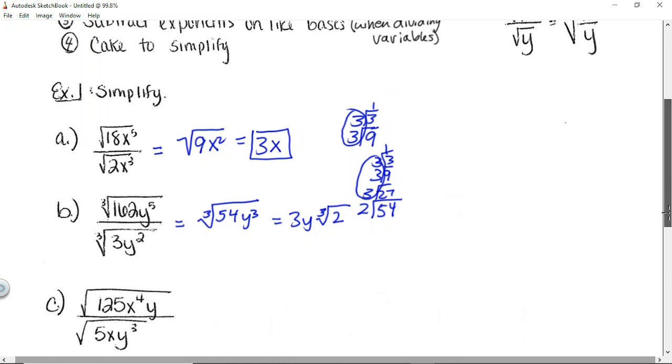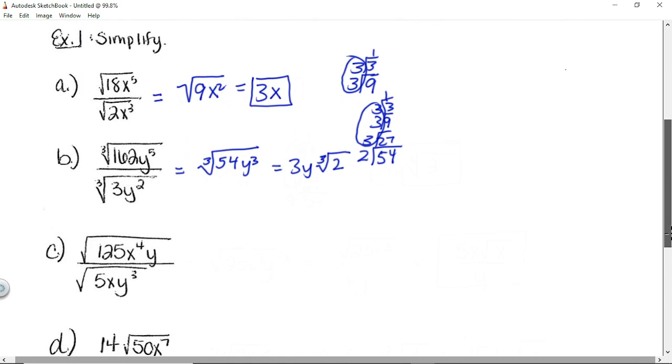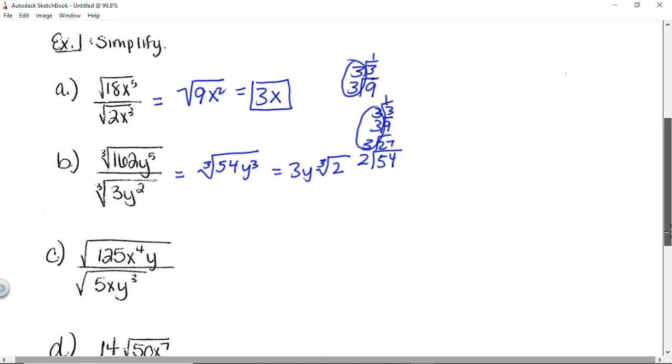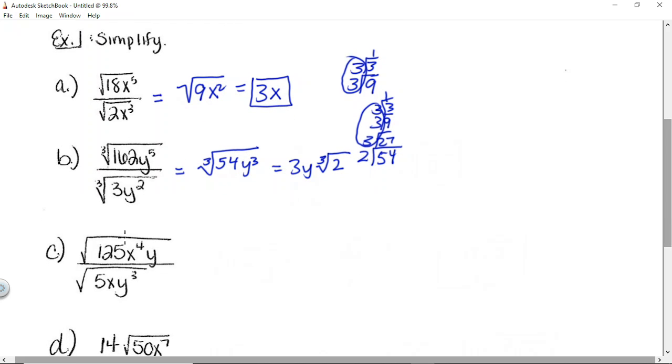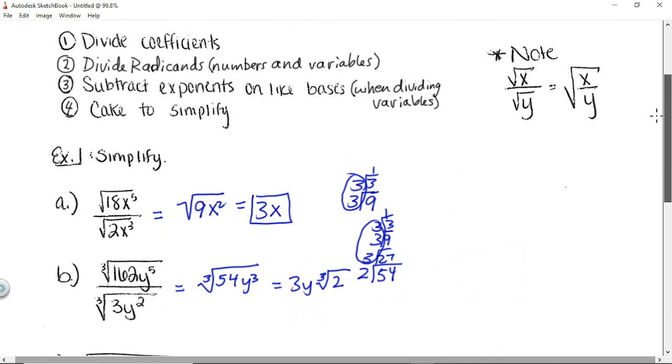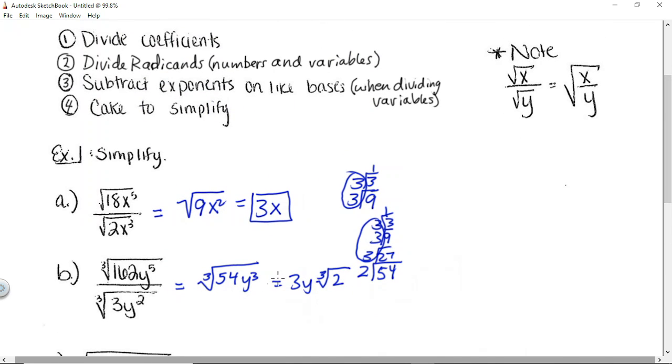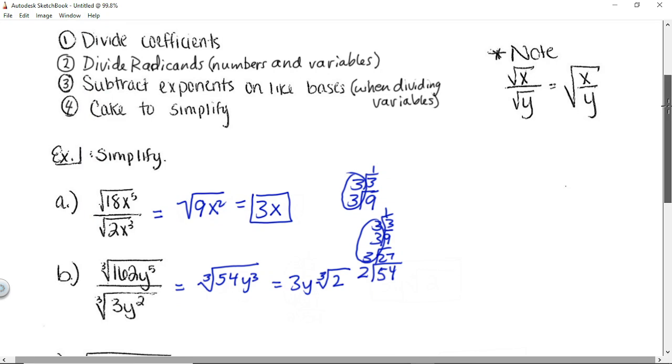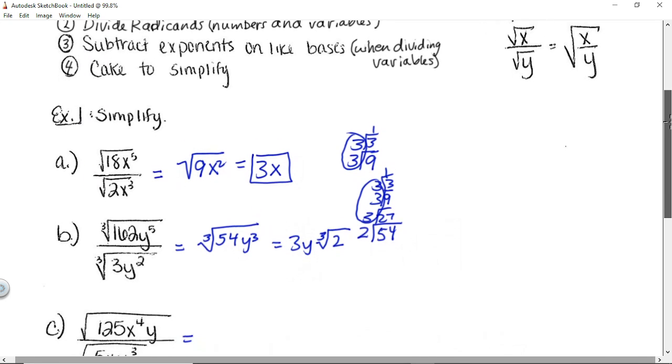Okay, the next one, we divide those radicands. This time I'm going to go ahead and show you. Remember, we said this whole thing works because the quotient of radicals is the radical of the quotient, whatever root we're talking about, third root, square root, whatever.